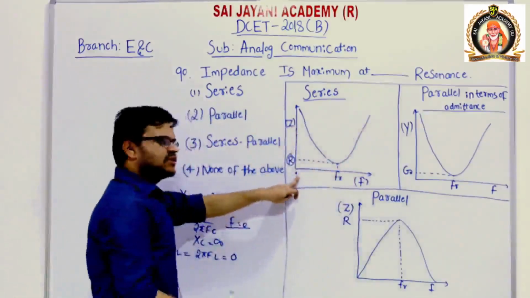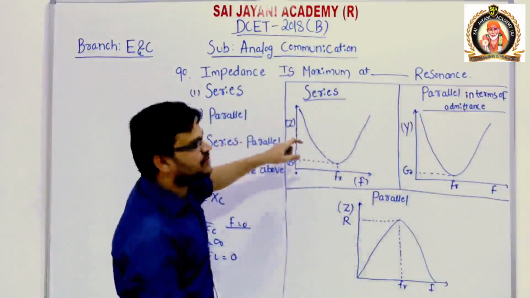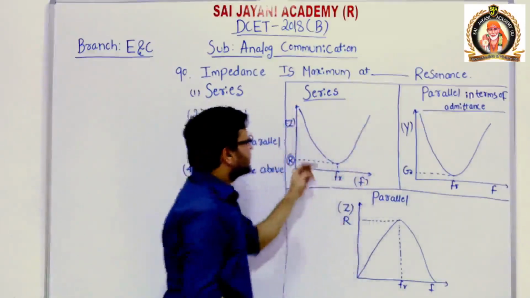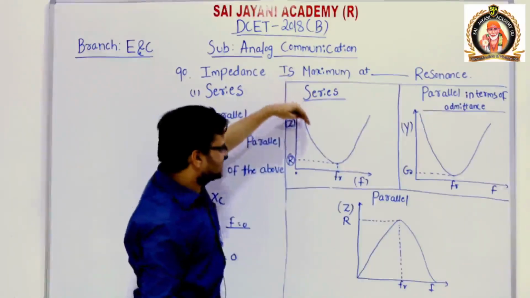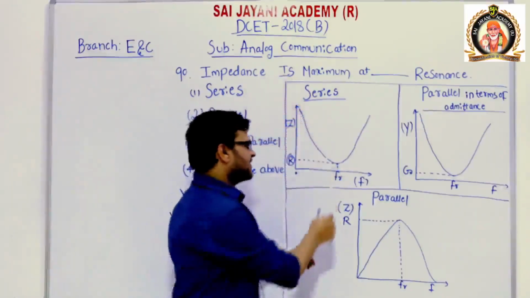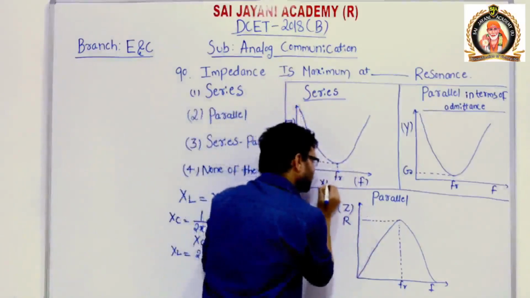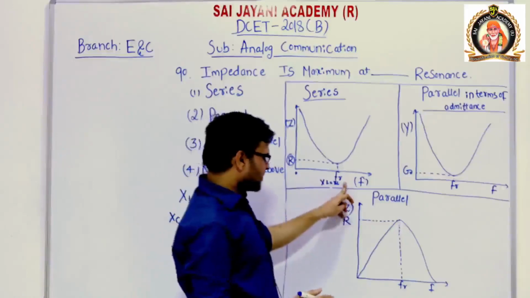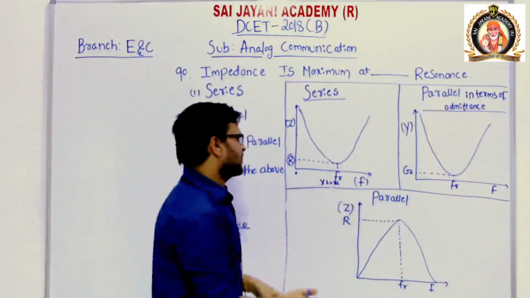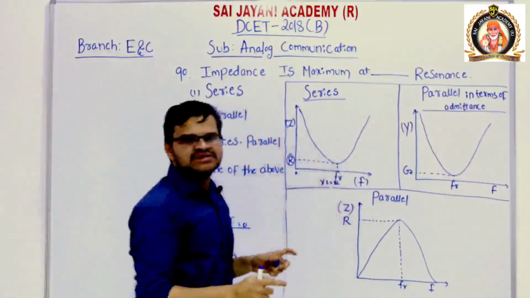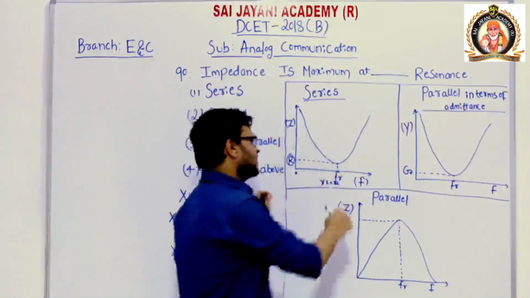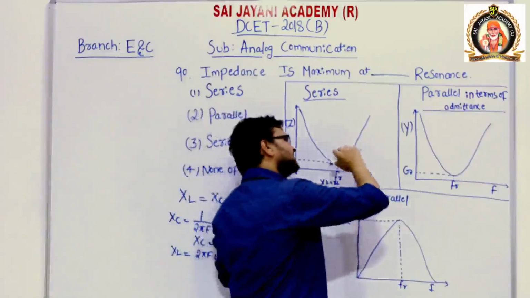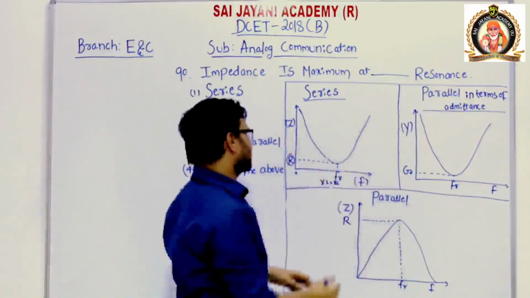At F equal to 0, the circuit behaves as a capacitive circuit. As the frequency goes on increasing, the capacitive reactance decreases slowly. At FR, when the inductive reactance and the capacitive reactance are equal, the circuit behaves as a pure resistive circuit. If it goes on increasing above the resonant frequency, then the circuit behaves as an inductive circuit.